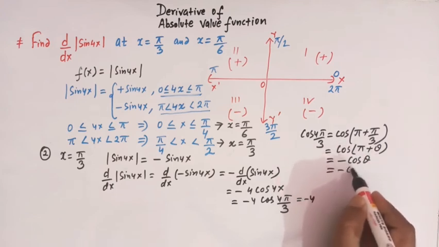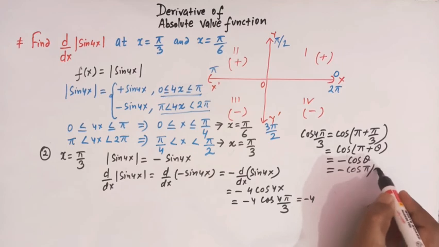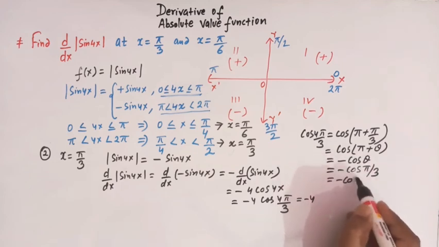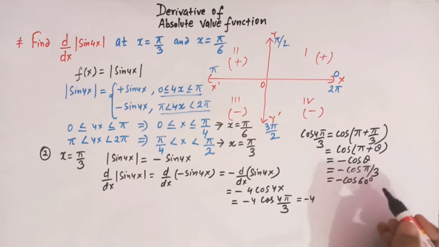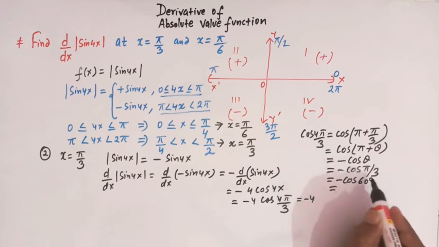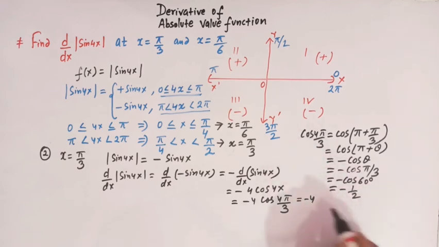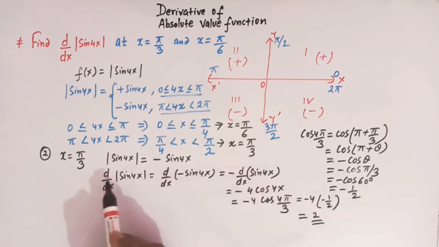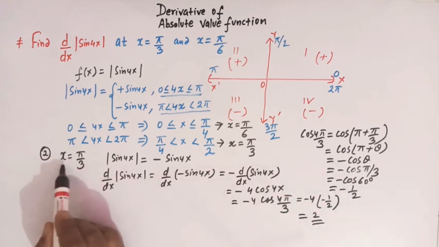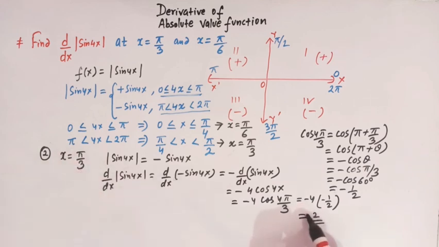So this is minus cos pi by 3, which is cos 60 degrees, and we know that cos 60 degrees is equal to half. So cos 4 pi by 3 is equal to minus half, and here minus times minus is plus, so we have 2. So the derivative of mod sin 4x at x is equal to pi by 3 is plus 2. Viewers, this is how we solve this problem.